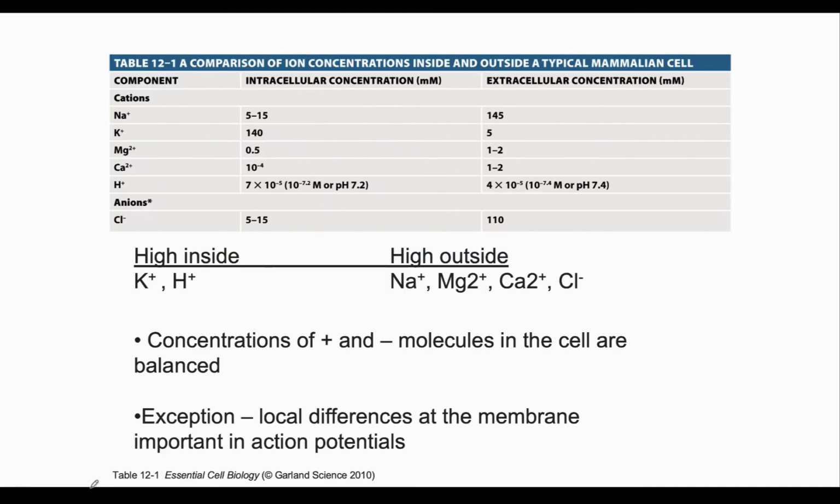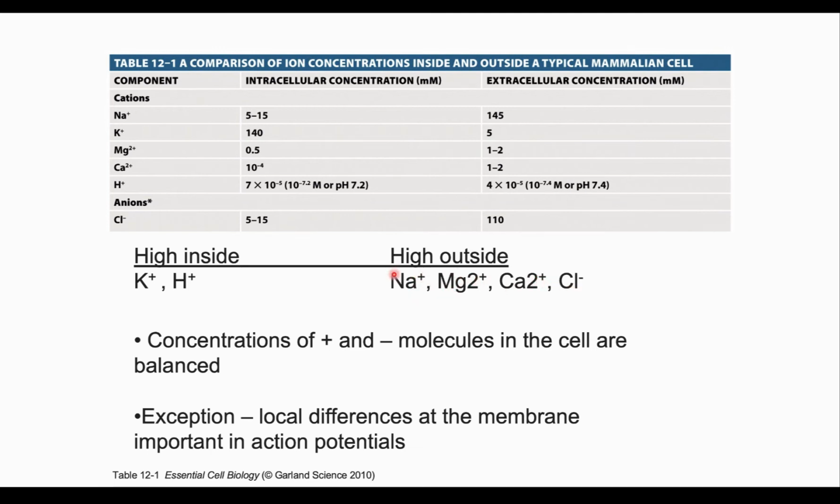So this is what actually does happen, and we have really large differences in intracellular and extracellular concentrations of particular ions. Inside the cell tends to have a high potassium and hydrogen ion concentration, whereas outside of the cell is high in things like sodium, magnesium, calcium, and chloride.